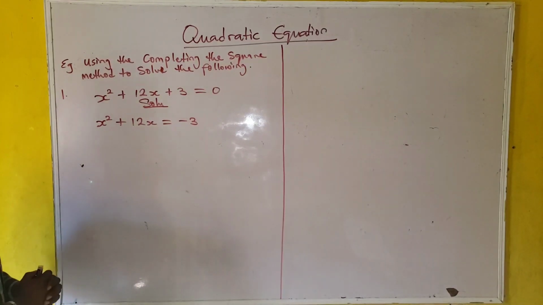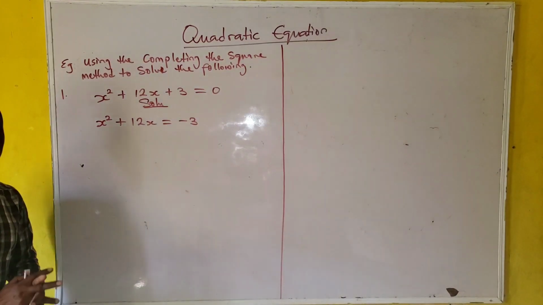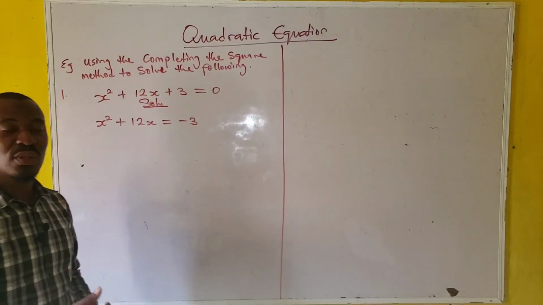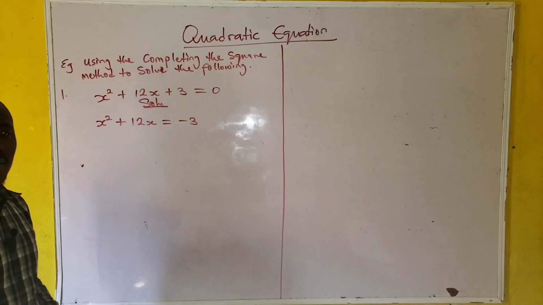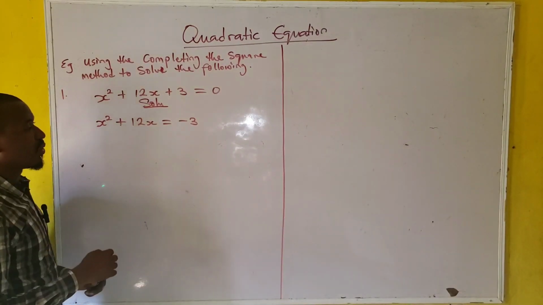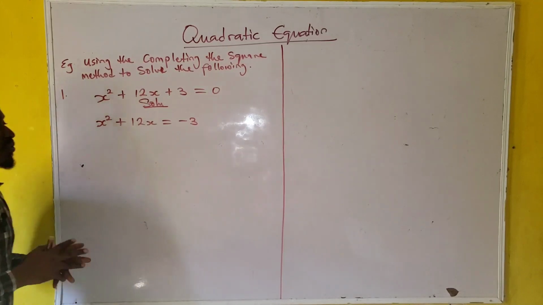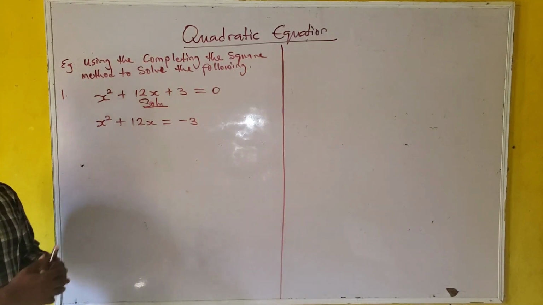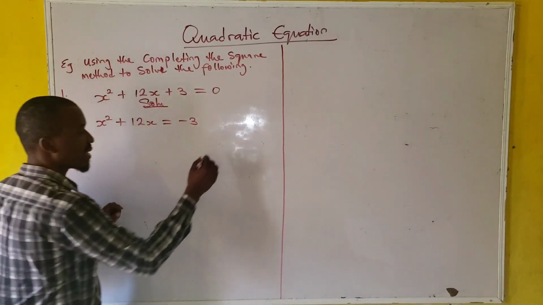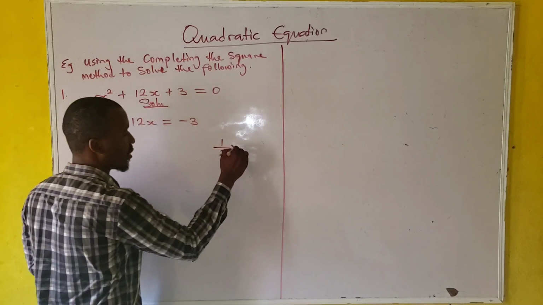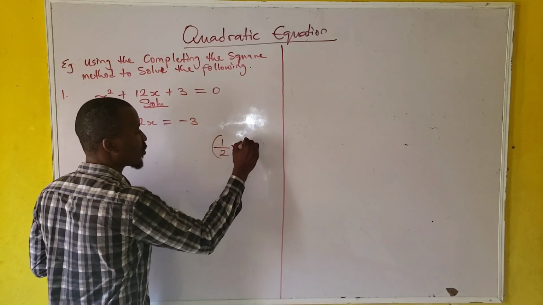So the next step, which we are going to take, is step three. In step three, we need to add something. They ask us to add the square of half of the coefficient of s. So we have to first get the thing that you need to add on both sides. That is 1 over 2 times the coefficient of s, which here is 12. Then the square of it.